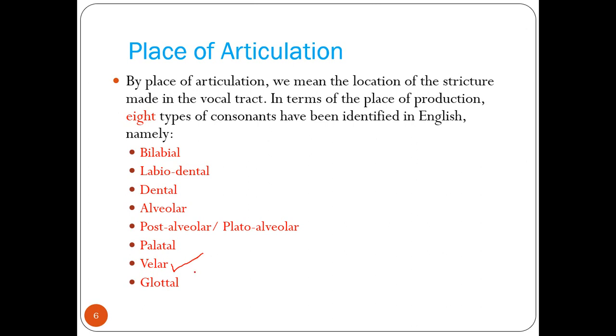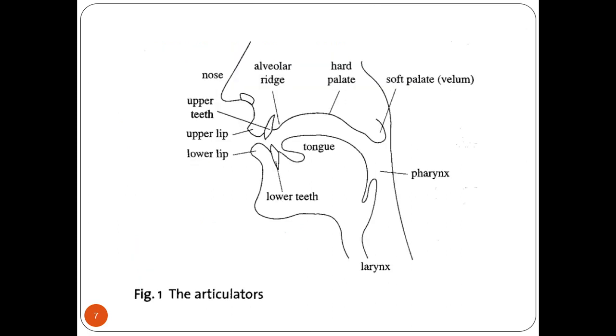And then we have got glottal sounds, which is something quite different and unique in its own nature. It is produced inside the glottis. So the glottis is responsible for making the sound.